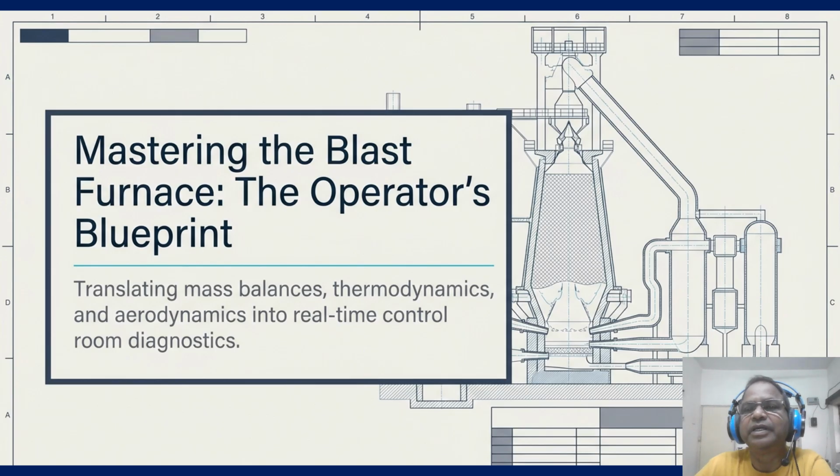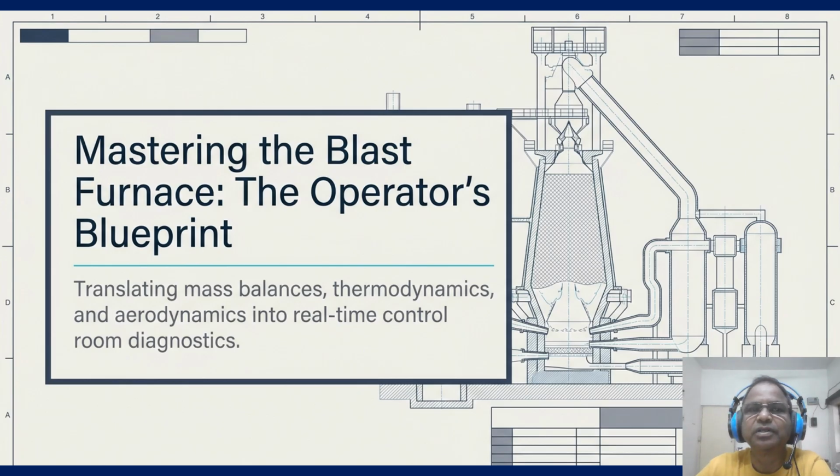This blueprint is not just a drawing, it's our operational roadmap for translating complex aerodynamics into stable hot metal production. Every decision we make starts with the input material that feeds this big vessel reactor. To control the output, we must first master the stoichiometry of the feed, which is entering from the top of the furnace.